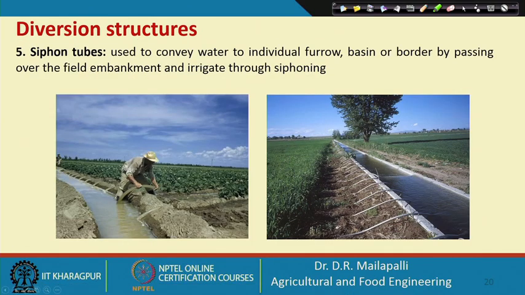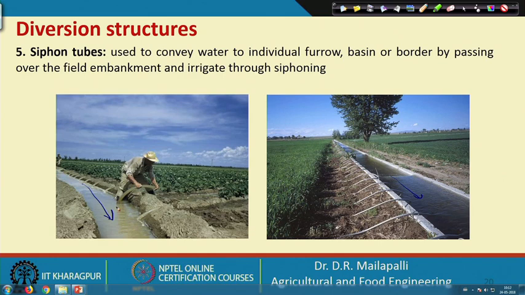And then the next is siphon tubes. Siphon tubes are used from the water course. This is the field channel. From the field channel, these tubes are plastic tubes. They simply cut them at like 1 meter or 1.5 meter, even less, 75 centimeter.